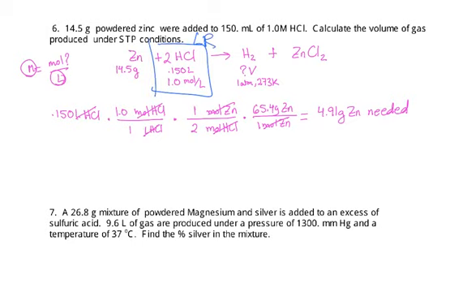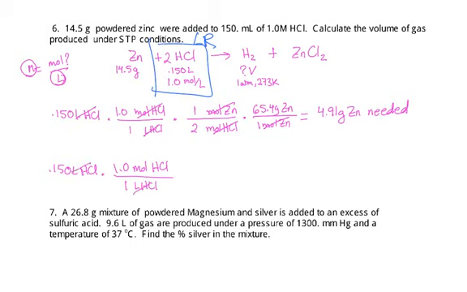So if I want to find the product, I want to find something about hydrogen, I would use my limiting reactant, which is the HCl. Let's do that. So I'm going to start with my HCl, 0.150 liters of HCl, convert that to moles. So basically the same step as the one above it. 1 liter of HCl, 1.0 moles of HCl, because it's 1.0 molar.